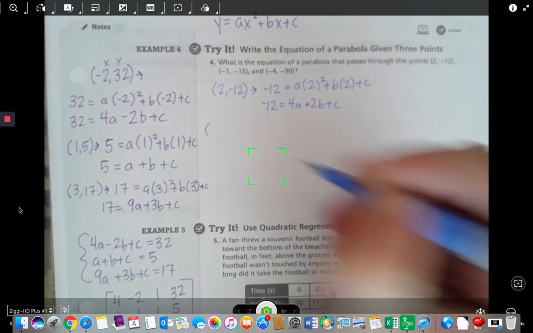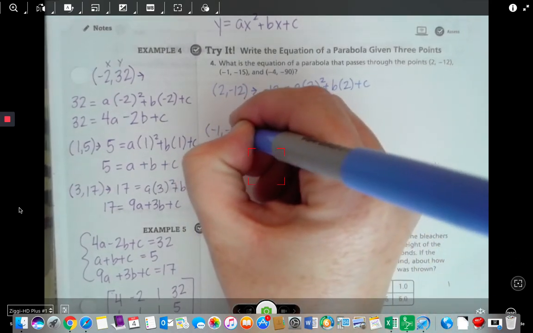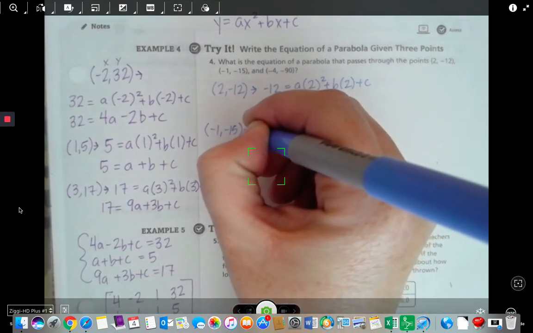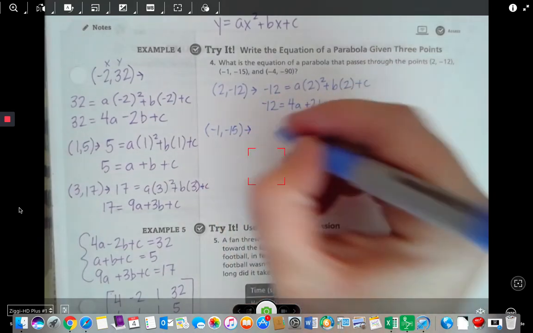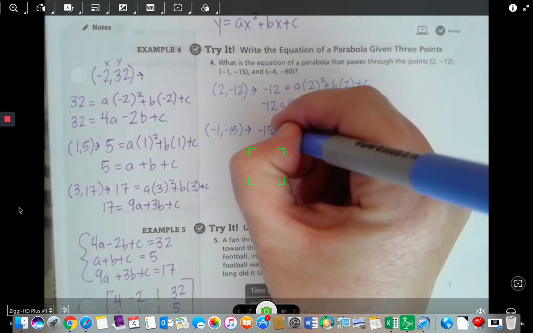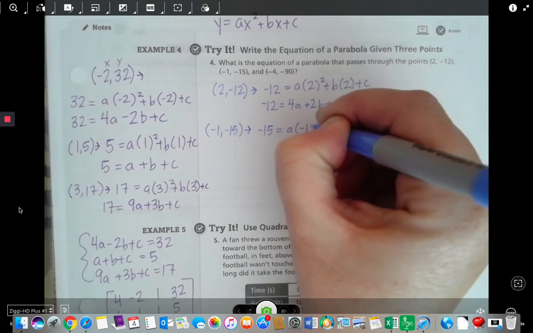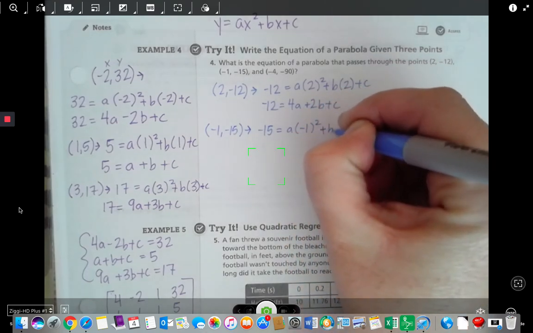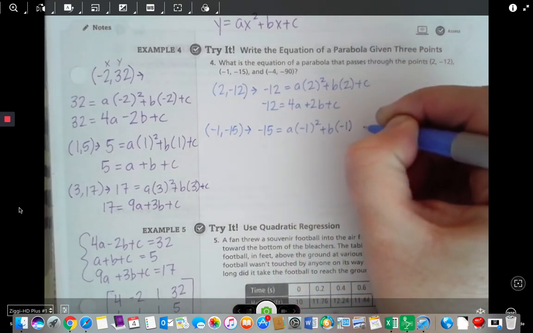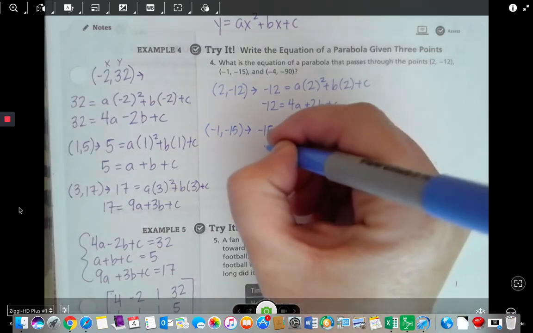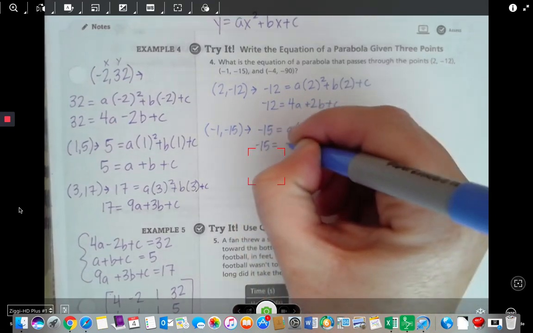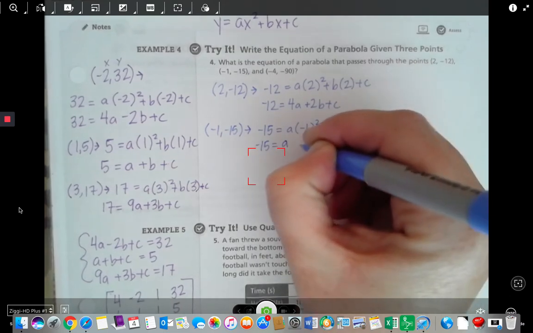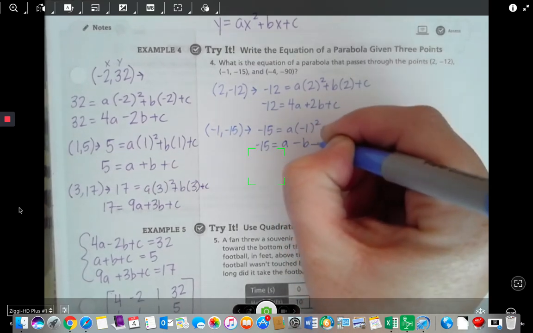My next point is negative 1, negative 15. So that would be negative 15 is equal to a times negative 1 squared plus b times negative 1 plus c. So negative 15 is equal to a minus b plus c.